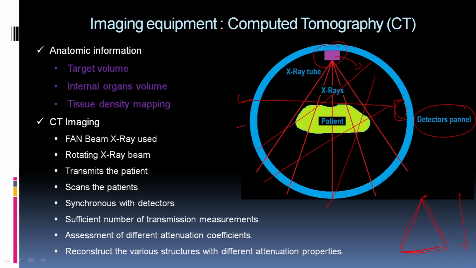The tube scans the patient synchronously with the detector, and there is a sufficient number of transmission measurements. We will get transmission measurements and assessment of different attenuation coefficients, because we know that bone has a different attenuation coefficient, soft tissue has a different attenuation coefficient, and various tissues have different attenuation coefficients.